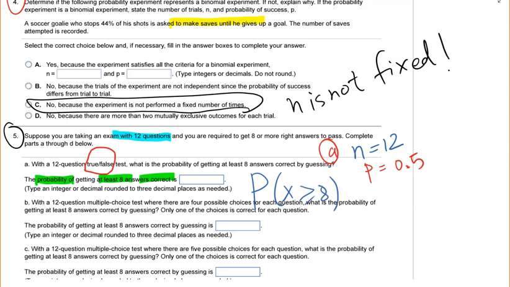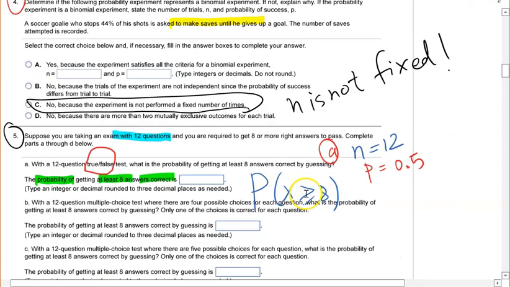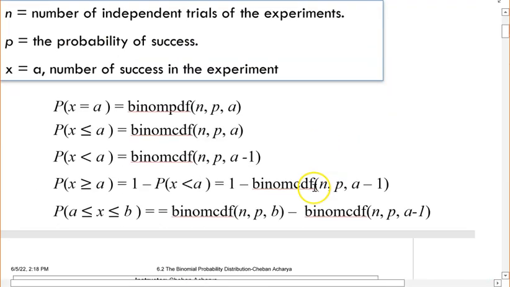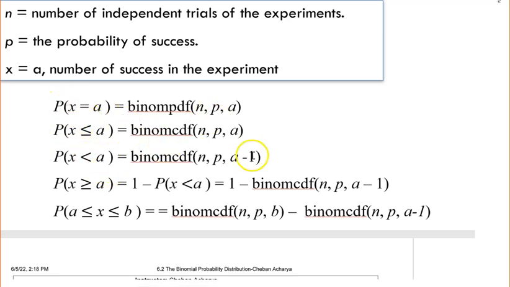Here we are using a calculator to find this probability, and you might have this in your notes so you can see what inequality, what function you're going to use for this binomial distribution.